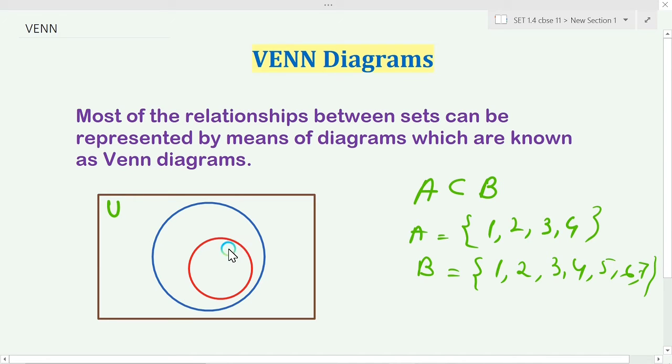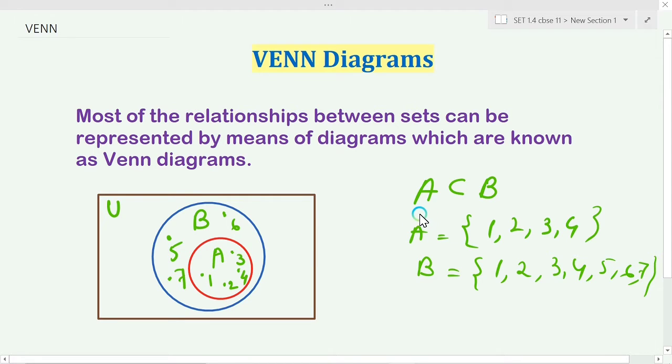Now since A contains 1, 2, 3, 4, and these are also elements of set B, the small circle represents A and the big circle represents B. So A contains 4 elements, that is 1, 2, 3 and 4, and the extra elements of B, that is 5, 6 and 7, are in this region.